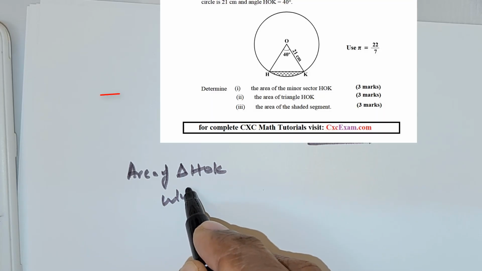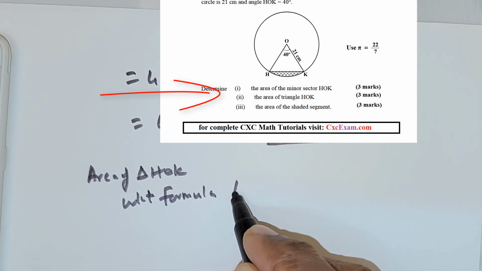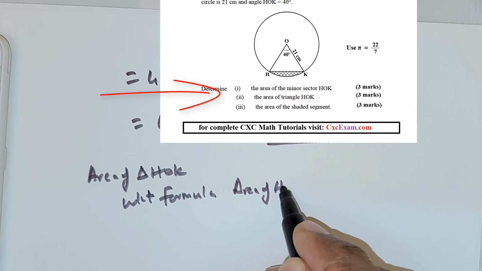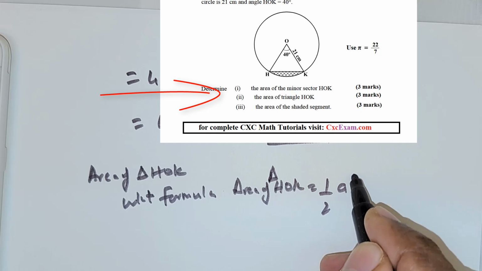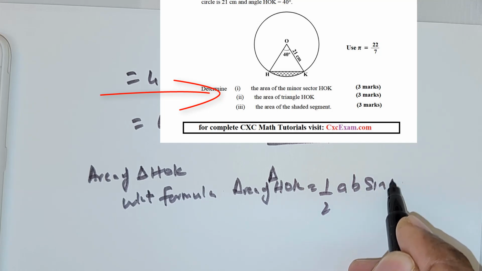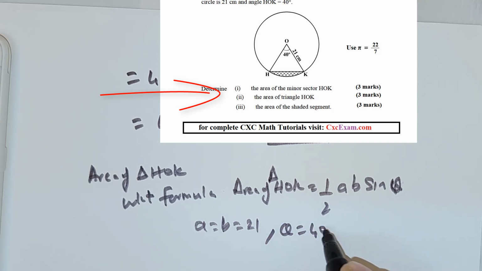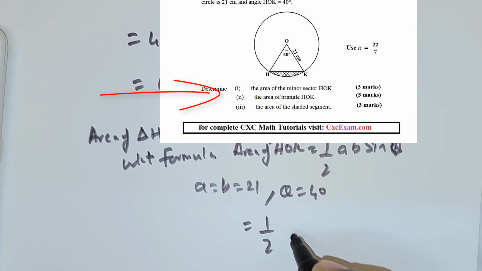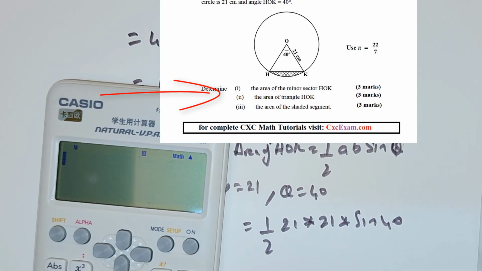Now we know this formula. What is it? Area of triangle HOK is half times a into b into sine theta. Now a and b are given as 21 and theta is given as 40. So this is going to be half times 21 multiplied with 21 times sine of 40. Now take a calculator and type sine 40.